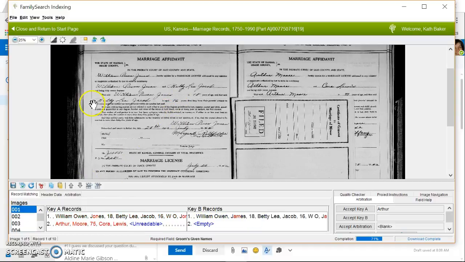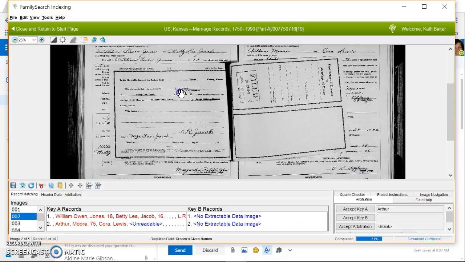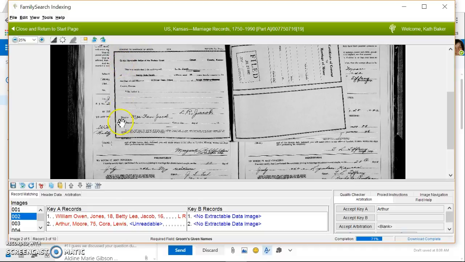So we will double check the header information and the differences between the two arbitrators first. We click on the second image and we have just this little document and then a blank image. So the second one will be blank and the first one will be this little portion.